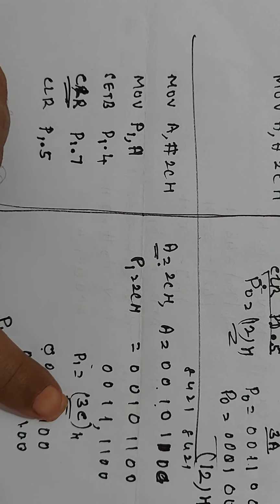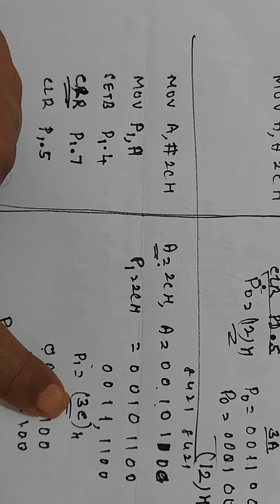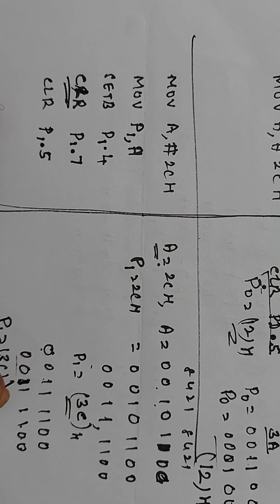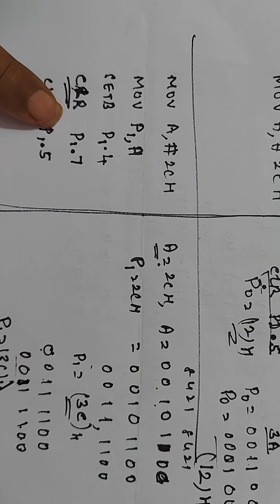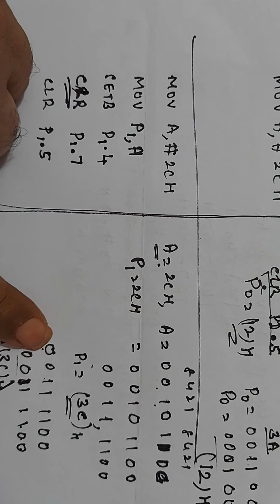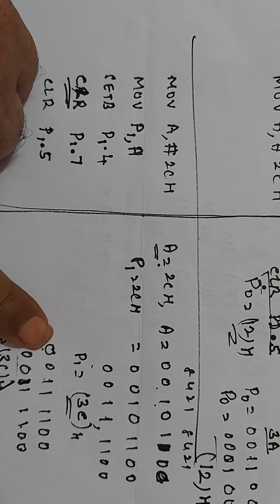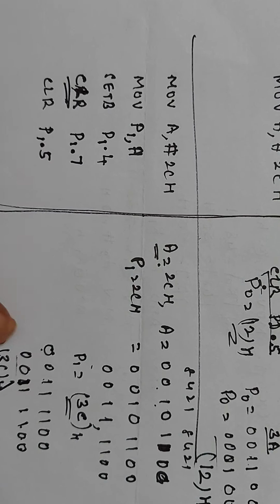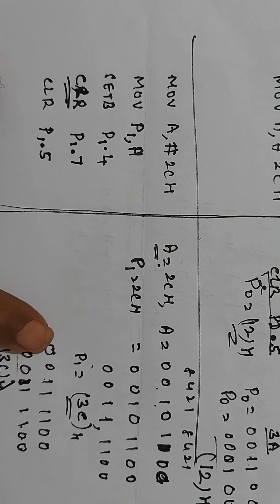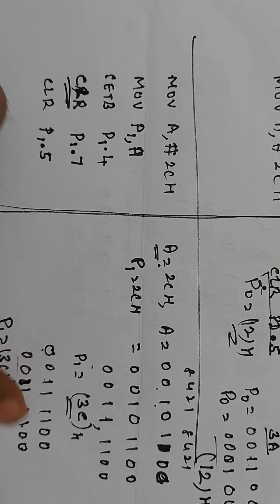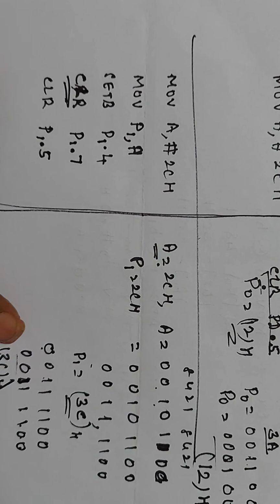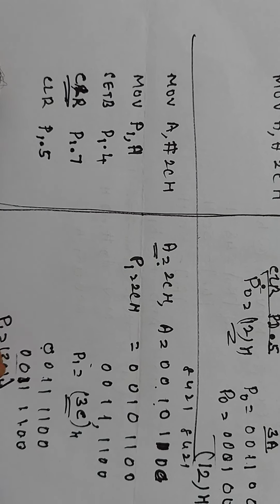Here you can manipulate this 3CH by manipulating any one bit. Example, CLR P1.7. This seventh bit is 0. Therefore, even after that instruction, it remains 0. Clear means 0. The seventh bit is 0 itself. Now P1 equals 3CH.